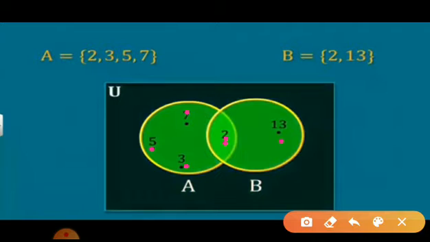So that will be the representation if any element is common. Before this, what we had seen was that no element was common, so the two circles represented two different sets. There was no element in common.